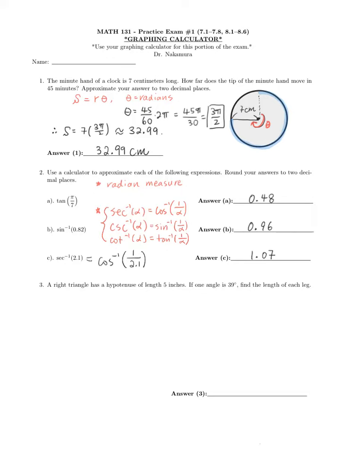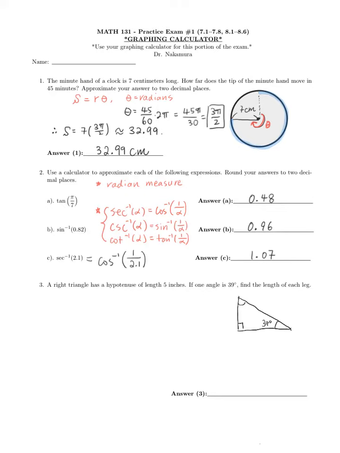Number 3, a right triangle has a hypotenuse of length 5 inches. If one angle is 39 degrees, find the length of each leg. Picture time. Okay, pretend that's a right triangle. All right, and one of the angle that you're given is 39 degrees.